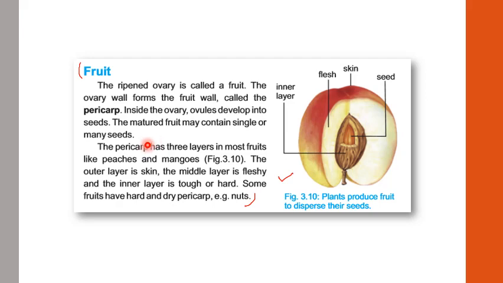After that, in the next paragraph, write layers of pericarp. Write outer layer on the second line of the second paragraph, and here write middle layer, and in the last line you have to write inner layer as a heading.